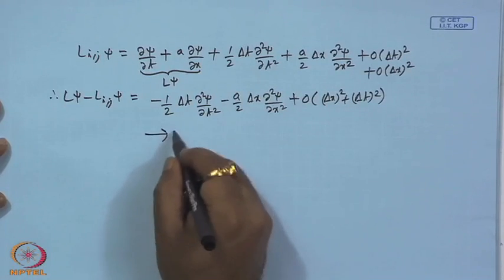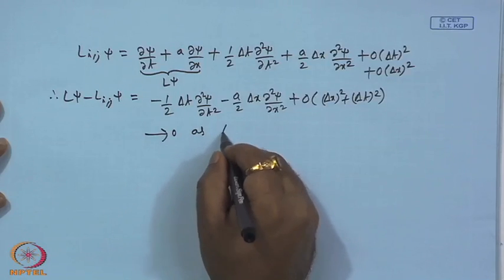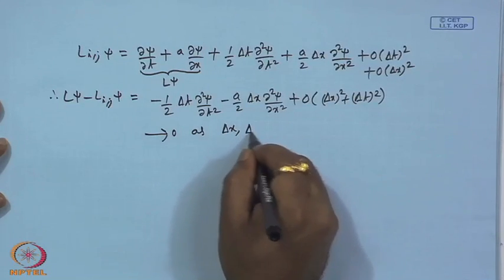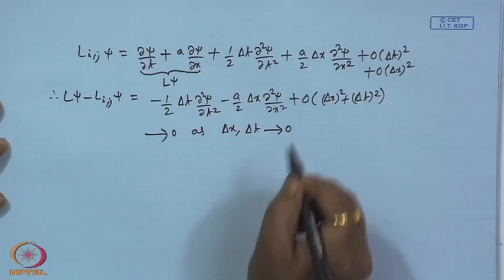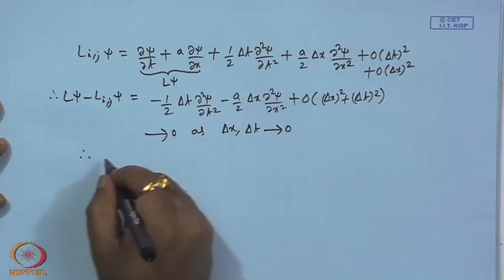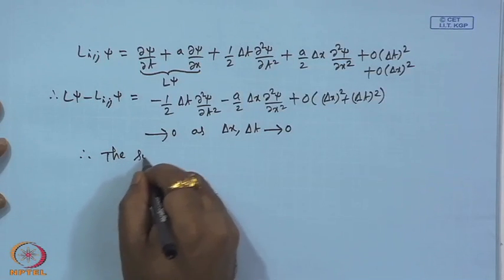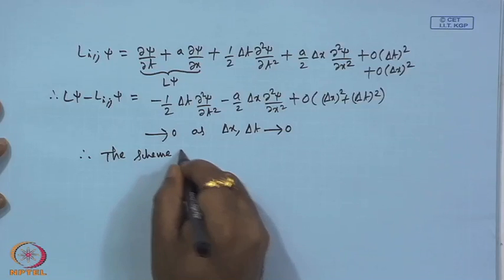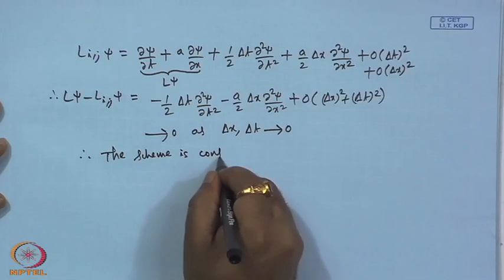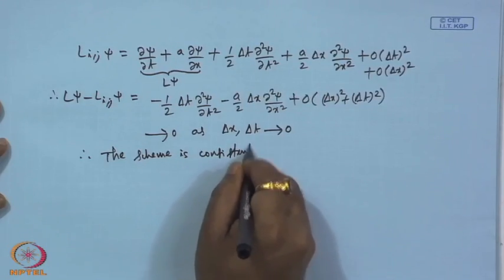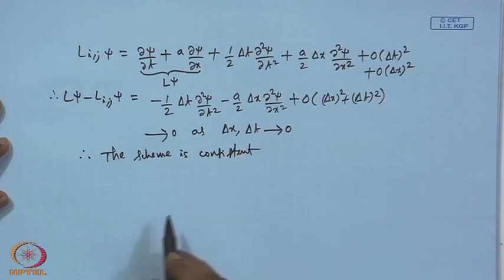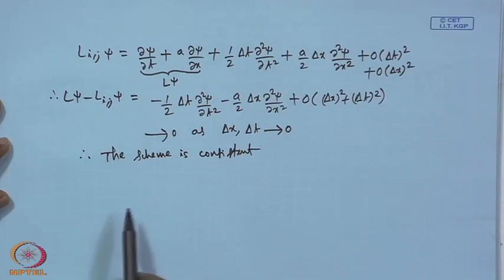So, which goes to 0 as, so therefore, scheme is consistent. Okay. So, the scheme is consistent.